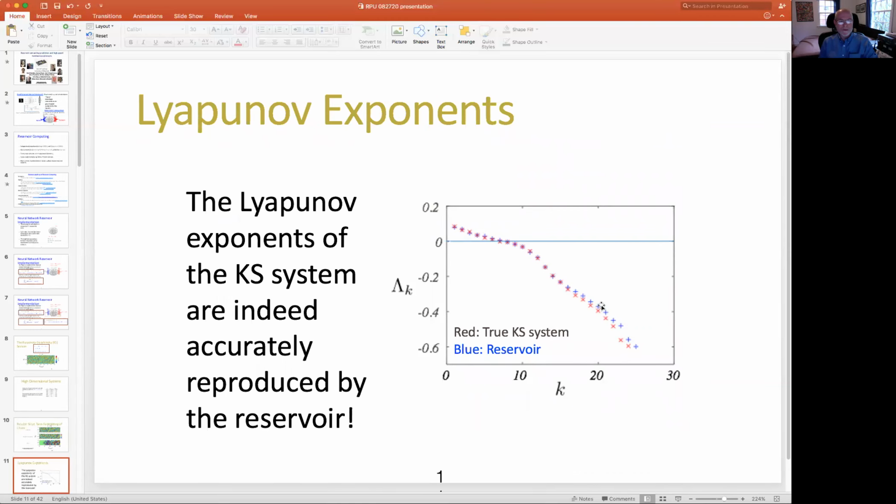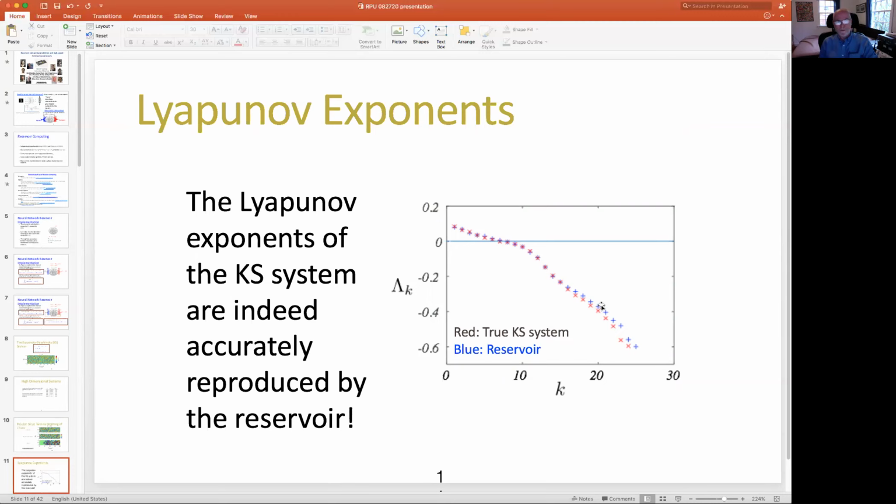The theory group showed that you can measure the Lyapunov exponents of the reservoir-based system, and those compare favorably with the Lyapunov exponents of the original system, not just the positive exponents associated with the growth of error, but the negative exponents as well.